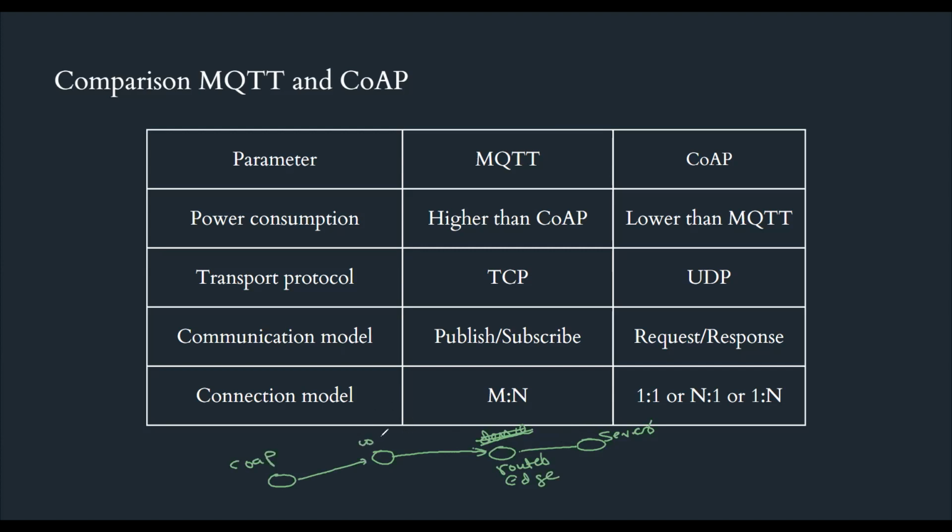Each of these devices will communicate using the CoAP protocol until we reach the edge router. And once we reach the edge router, it will communicate with the server using the HTTP protocol. So until then, we are using the CoAP protocol. In CoAP, the sender acts as the client, and the receiver is also a client.